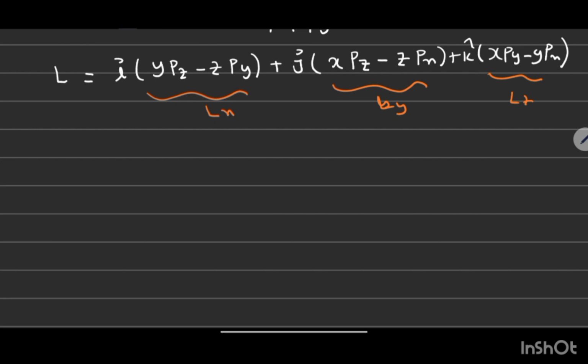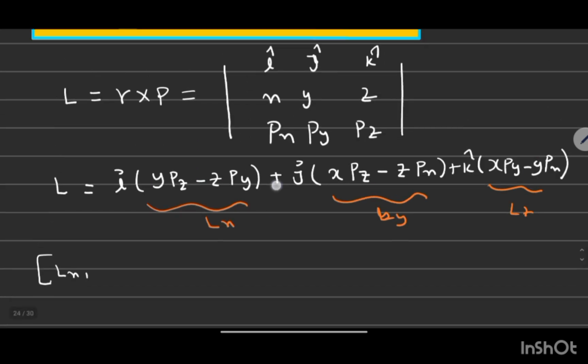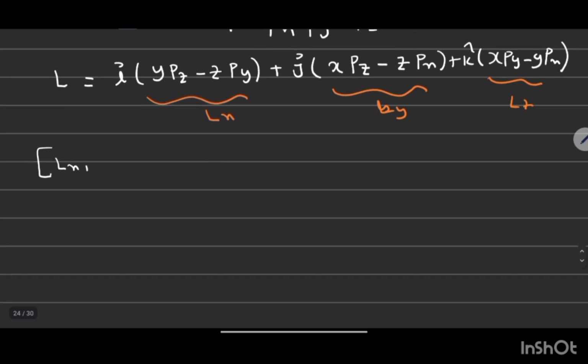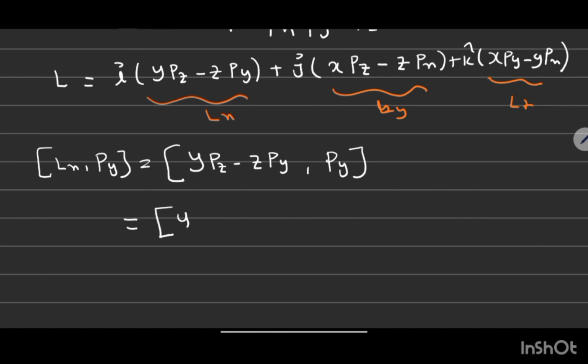Taking the commutator of Lx with py, Lx is y pz − z py, comma py. Now use the linearity property of commutation relations: [y pz, py] − [z py, py].